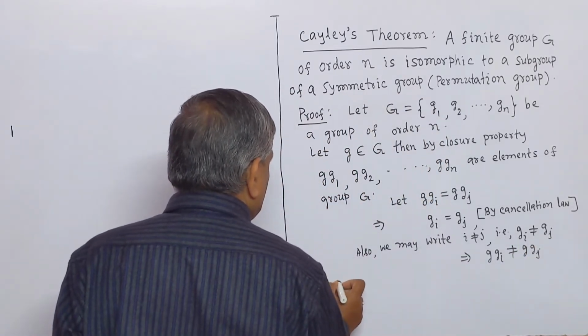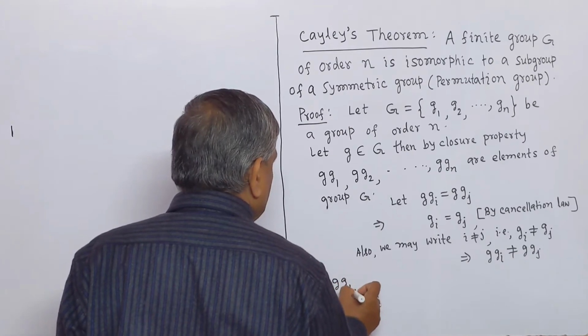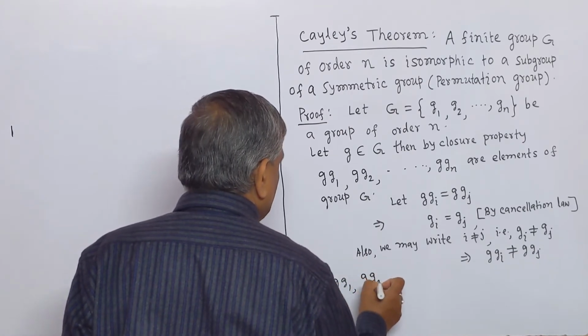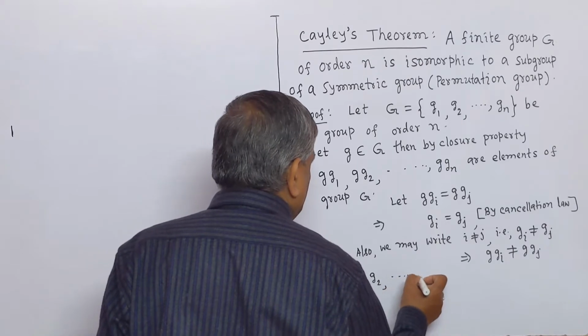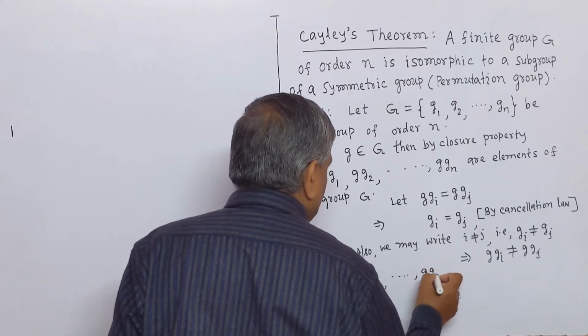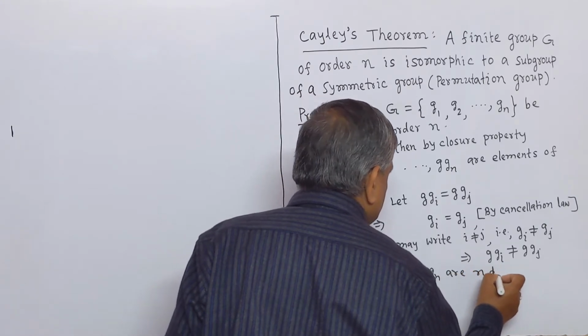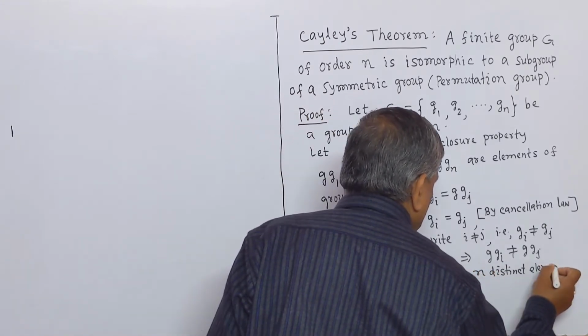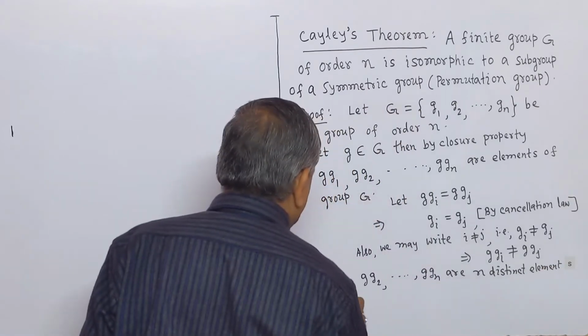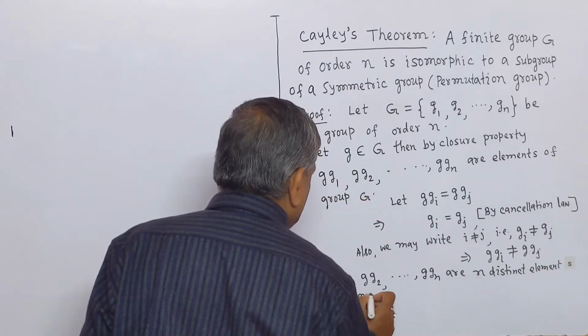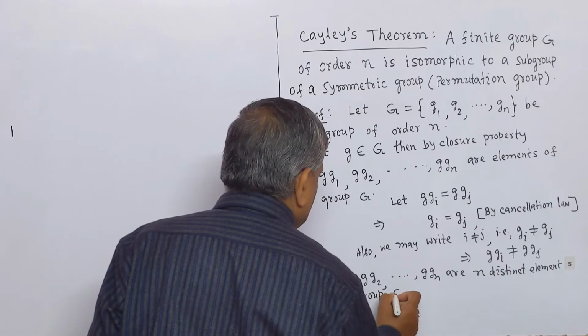Therefore, gg1, gg2, ..., ggn are n distinct elements of group G.